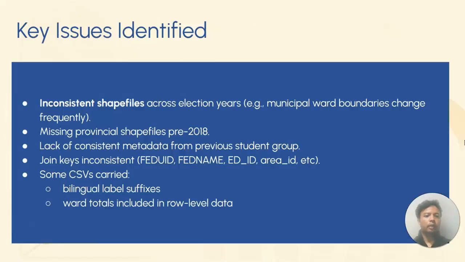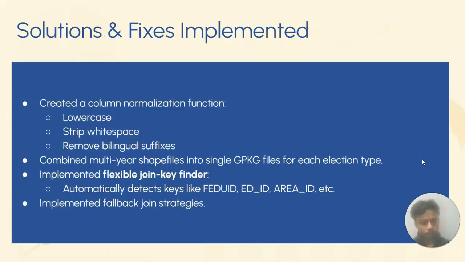Again, the issues identified were inconsistent shape files across election years, and this was a big problem. We did not find any shape files for provincial elections pre-2018, which created a bit of inconsistency, and join key inconsistencies. These are some of the techniques we used.